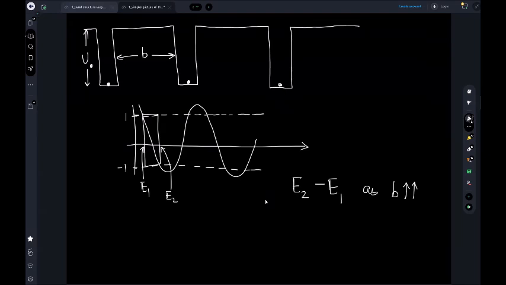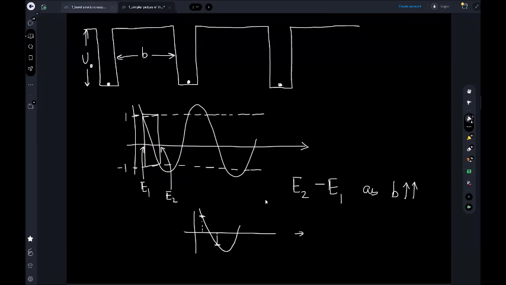So what really happens to the energy of these electrons? If the separation is less, this curve will have a magnitude of slope that is much less. So let's say this is E1 and this is E2.